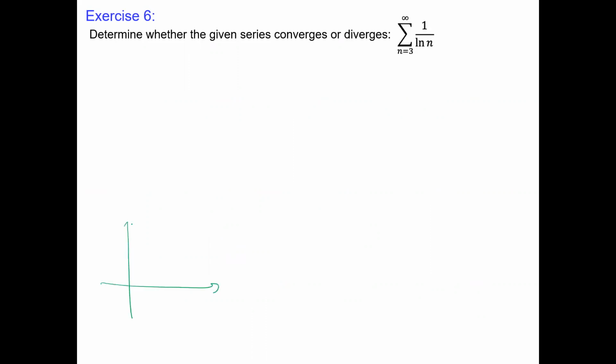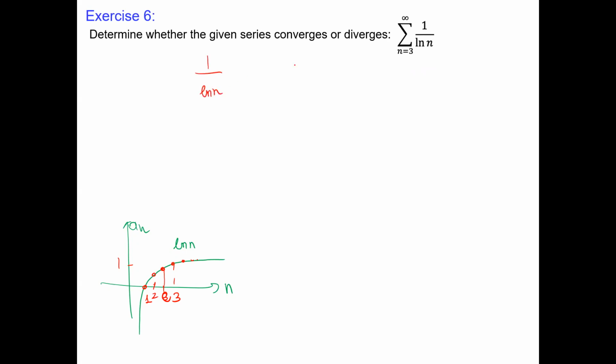Starting from 1 is also not good because ln of 1 is 0, but ln of 2, ln of 3, ln of 4, 5, 6, starting from, let's say, 3, actually I can put e, because the value ln of e is 1. Starting from 3, we definitely have positive terms. That's the reason that you can see 3. We can start from 3.